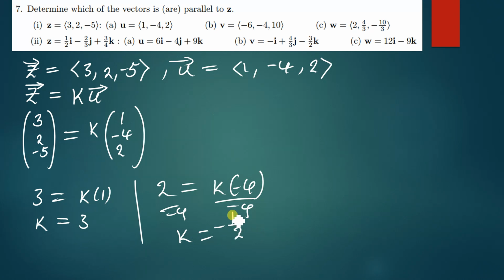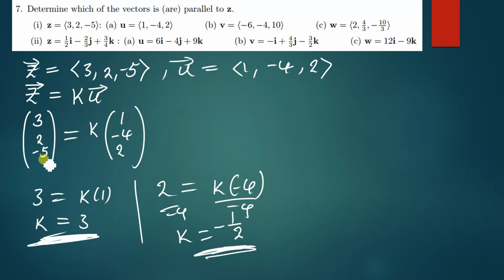Looking at these two values of K, since they are different, this tells us that the given vectors are not parallel. These values of K are supposed to be the same.